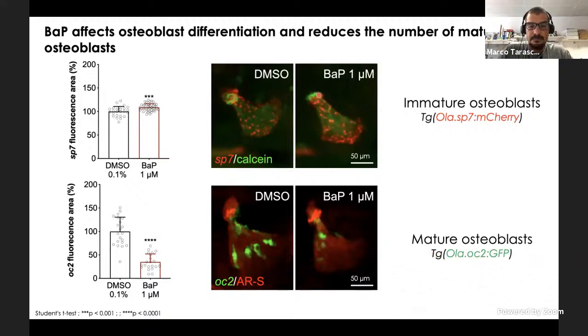And as you can see, we still confirm that the mineralized area of the operculum was reduced when compared to control. But interestingly, we saw that early osteoblasts were slightly increased upon BAP exposure, while mature osteoblasts were reduced about 60%, suggesting that BAP may also affect the differentiation processes during osteoblast maturation.